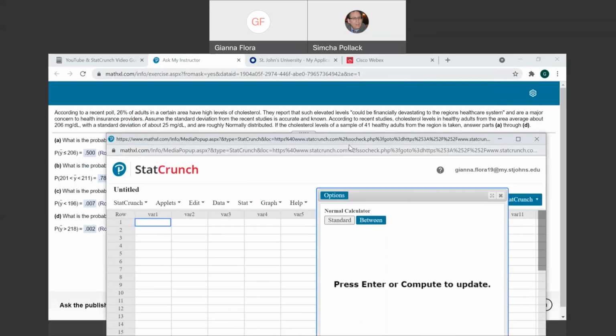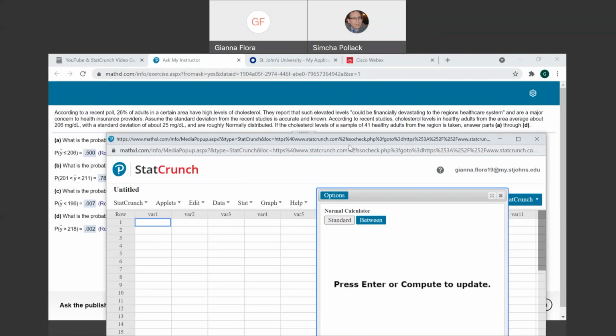So in this case, what is the sample size? I'm looking. It says 41. So 25 is the standard deviation divided by the square root of 41. Do you have a calculator? Yes, one second.